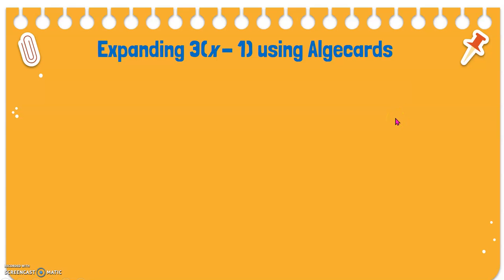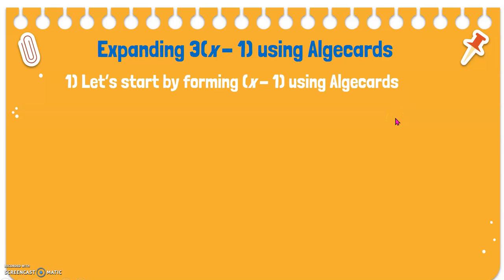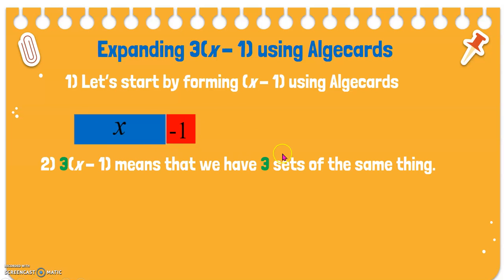Now let's try another one more. Okay, so we have 3 bracket x minus 1. So we're going to have 3 and we're going to start with x and minus 1. So minus 1 is the same as plus negative 1. Alright, so this is one set. Now same thing, the 3 in front means that we have 3 sets of the same thing.